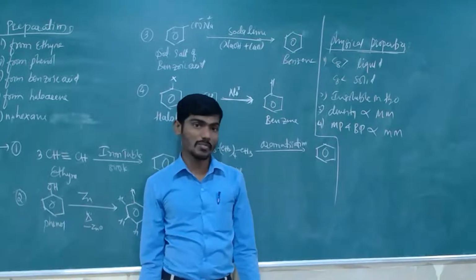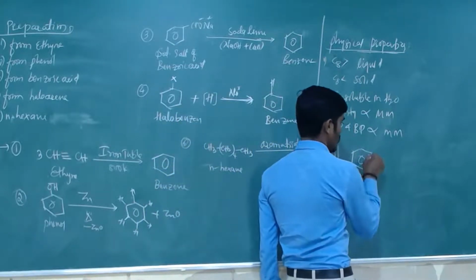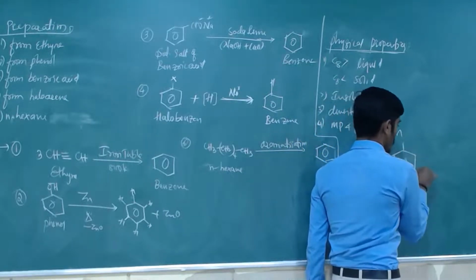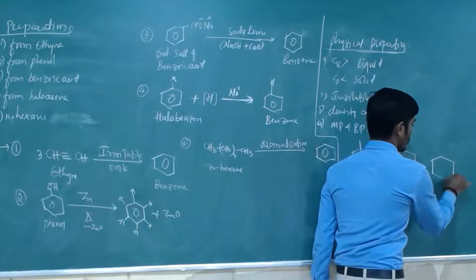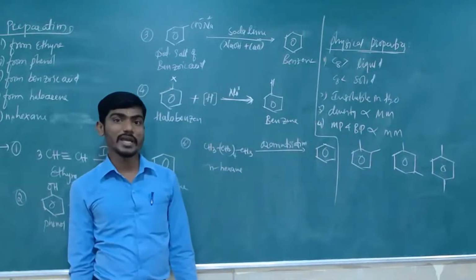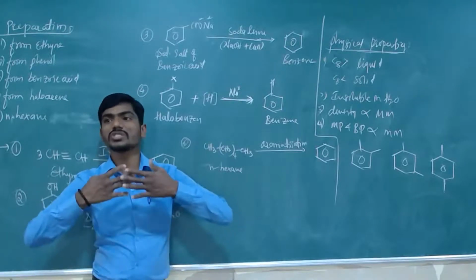For isomeric compounds, ortho, meta, and para: among these three, which one has the higher melting and boiling point? Para, because of its most symmetrical structure.